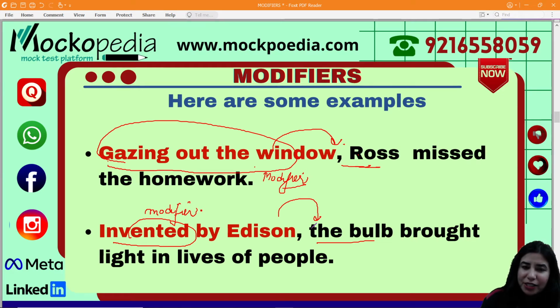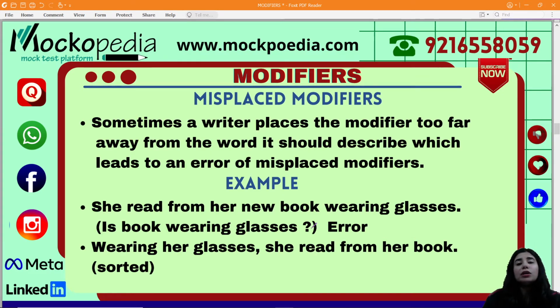Let's further proceed. Now, it's a most interesting term, and something that we need to learn, remember, and retain. That's the concept of misplaced modifiers. So, there are two terms to this concept. One is misplaced, and another is modifiers. So, what is the role of a modifier?